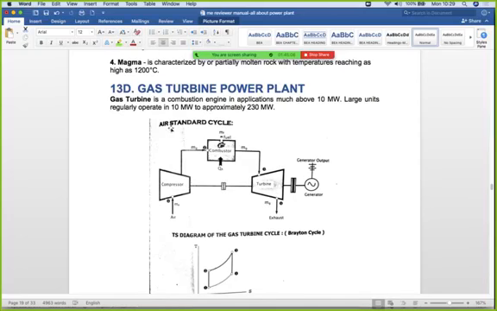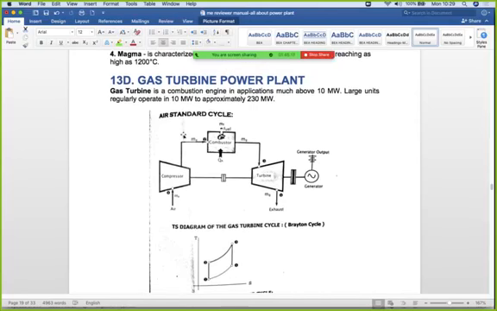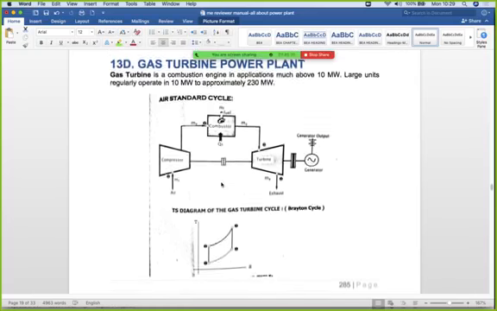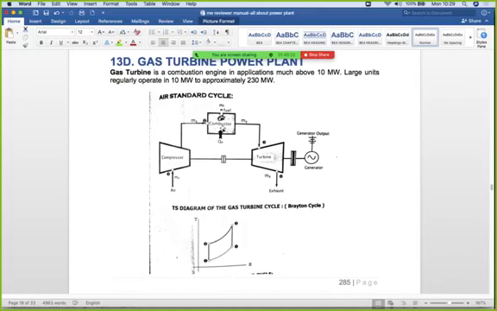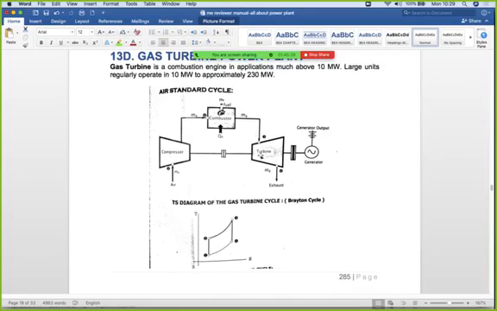Air is also in the form of gas, but that is not the kind of gas that we are dealing with, hydrocarbons. This is just natural air, just like the aircraft. We have the air standard cycle. We need to burn the air at the combustor. So the gas is going to run the turbine.